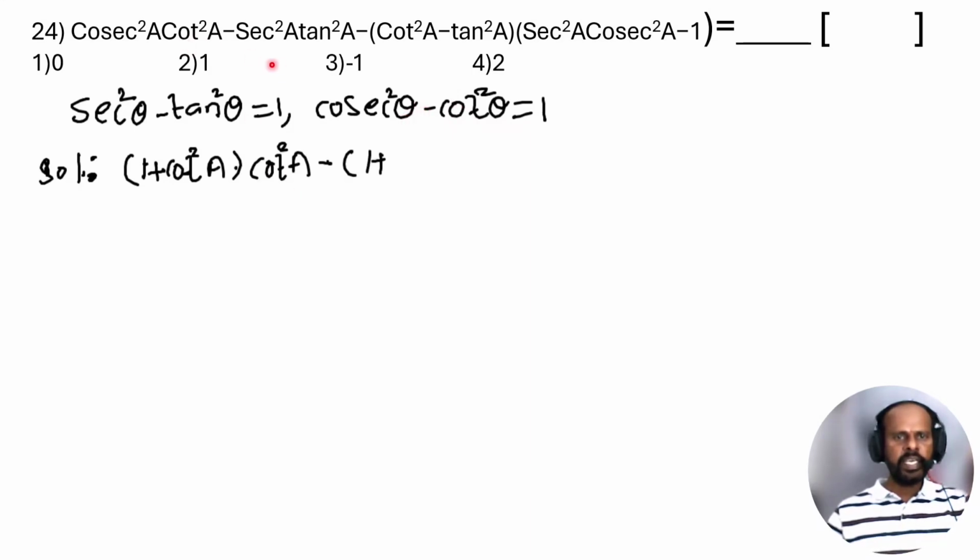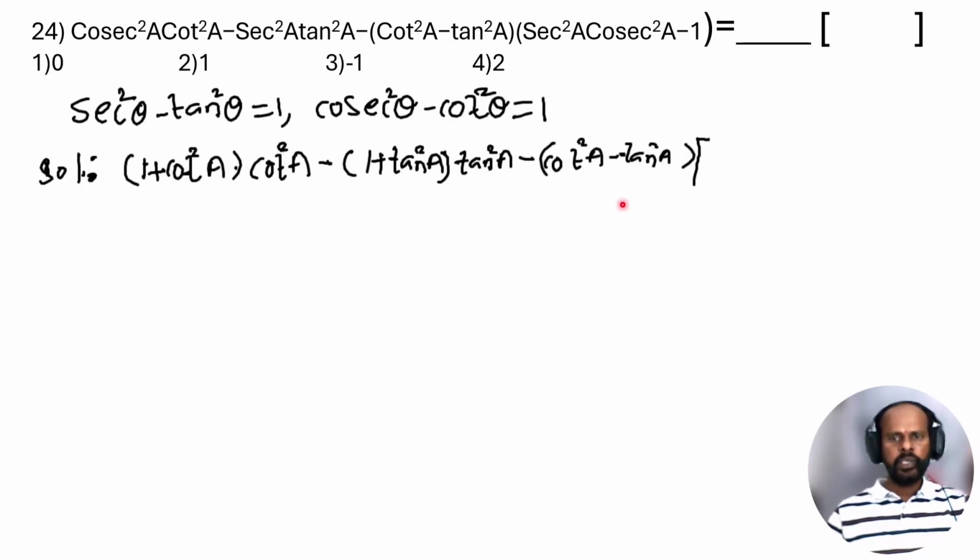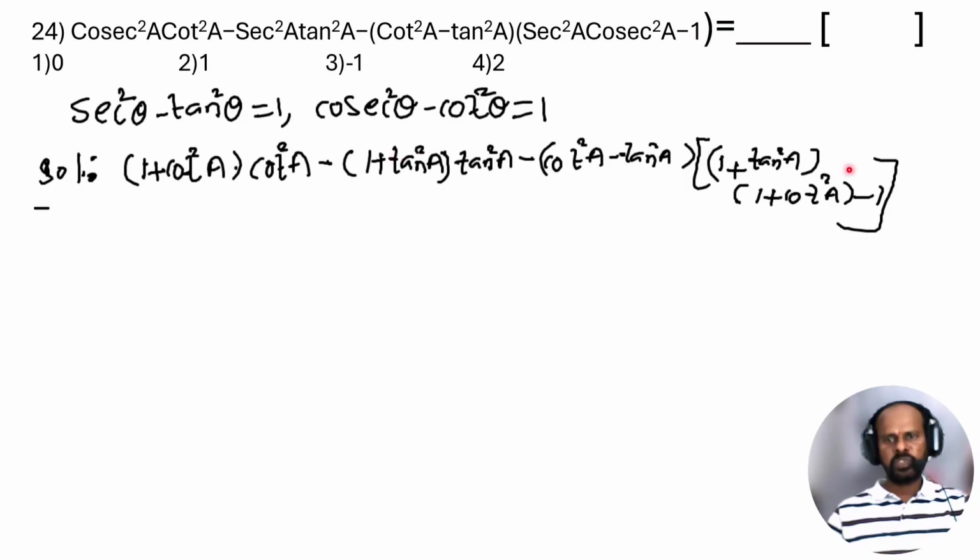Sec square A, you can write as 1 plus tan square A, and tan writing as it is, and here minus cot square A, tan square A writing as it is. Here in this sec square A I am writing again 1 plus tan square A, and next cosec square A I am writing as 1 plus cot square A by using these two results, minus 1 as it is.